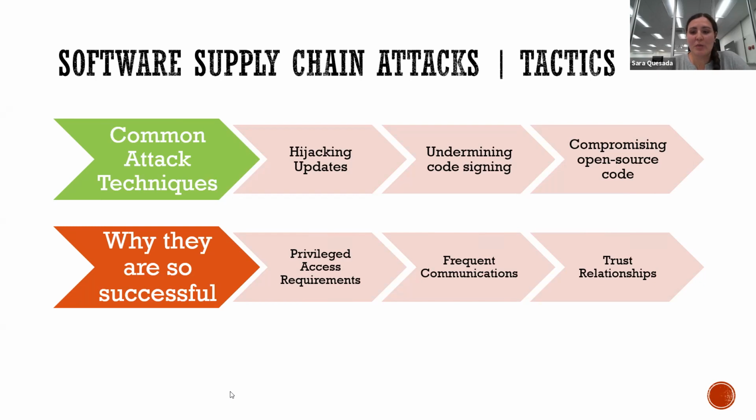The next common reason why these are so successful is frequent communications. If you have software in your environment and you have some sort of maintenance contract, you do expect to get routine patching as part of that relationship. Oftentimes this is handled over the internet. They're not mailing you a USB that you insert into everyone's computers to manually update.